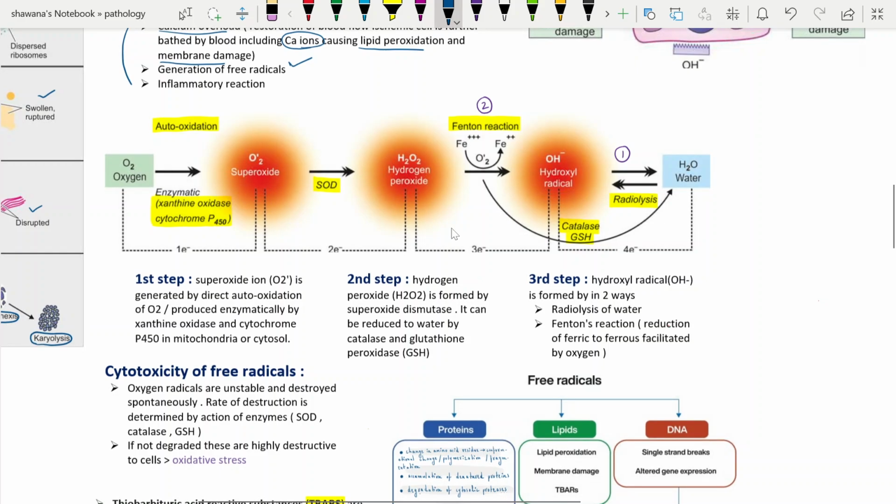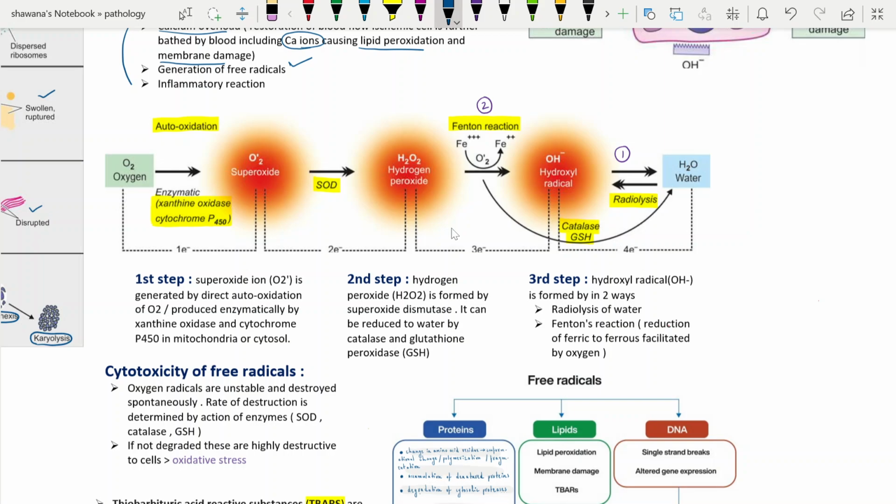First of all, what are free radicals? Free radicals are mainly oxygen species, called ROS, reactive oxygen species, or any other radical that has a charged ion, for example nitrate, peroxynitrate, etc. These are free radicals. What is the mechanism for their generation?